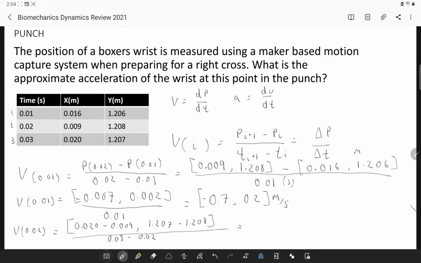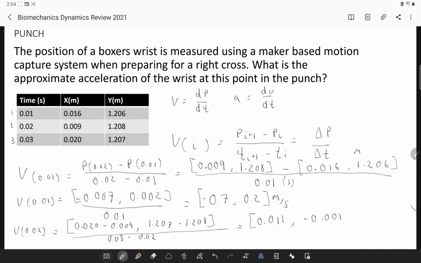All right, so now we can do the actual math here. So 0.020 minus 0.009 is going to give us a positive 0.011. And then 0.7 something something 07 something something 08 is going to give us a negative 0.001.